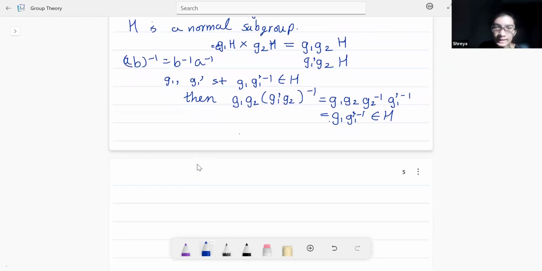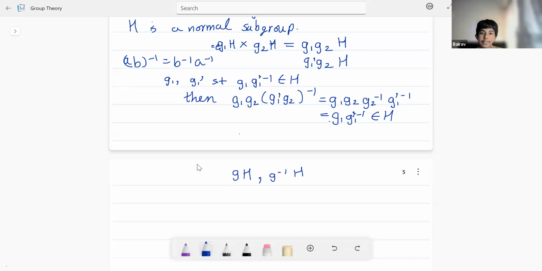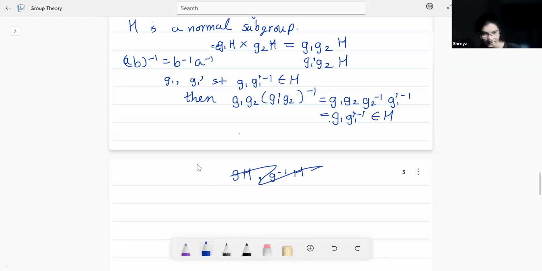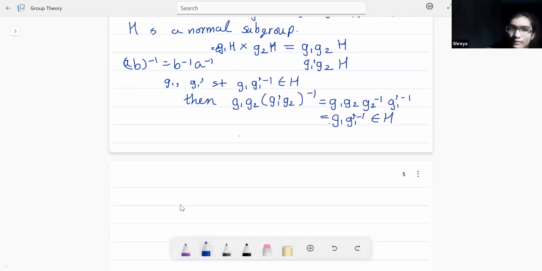For that you can just say, if you have GH, then you take G inverse H, and then you directly multiply G and G inverse H. Then I guess we need to prove well-definedness. We only proved one direction of well-definedness. We have one more thing to prove, which is where we'll use the normality.